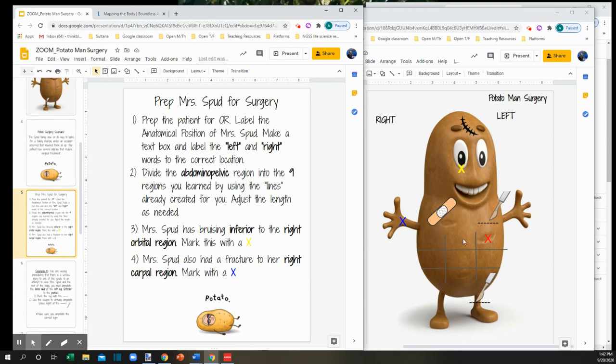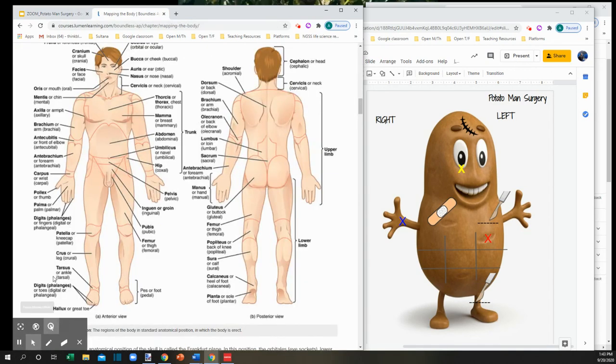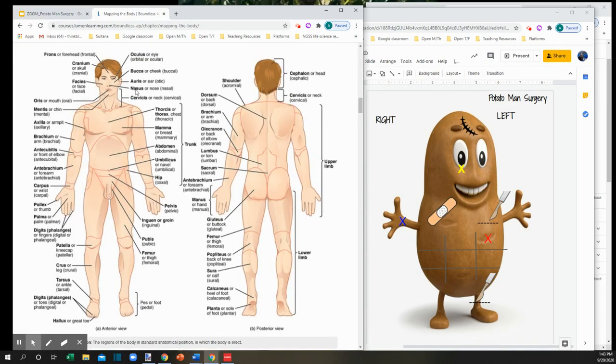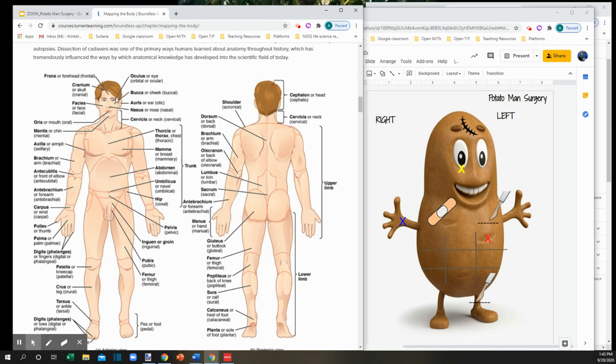You didn't have to label it, you were just setting up the grid so that you could put the red X at one point in the surgery. Mrs. Spud, or Mr. Spud, depending on who your teacher was, has bruising inferior to the right orbital region. The orbital region is right around the eye.